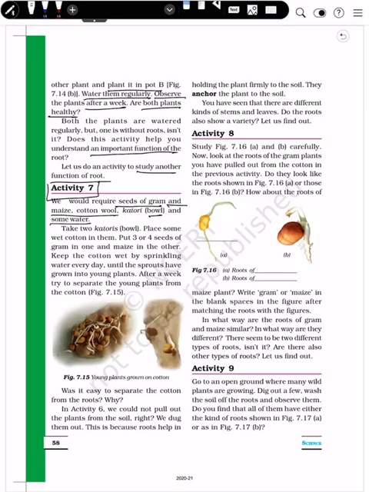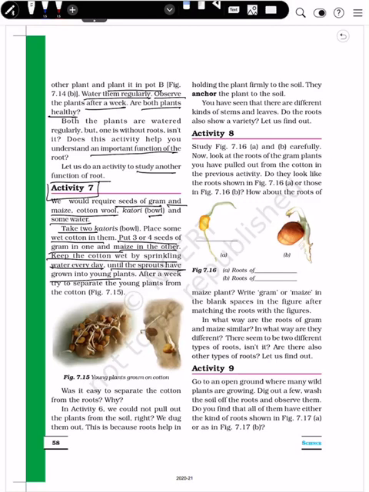First we will take two bowls and place some wet cotton in them. Now we will put 3 to 4 seeds of gram in one bowl and maize in the other. We will keep the cotton wet by sprinkling water every day until the sprouts have grown into young plants.